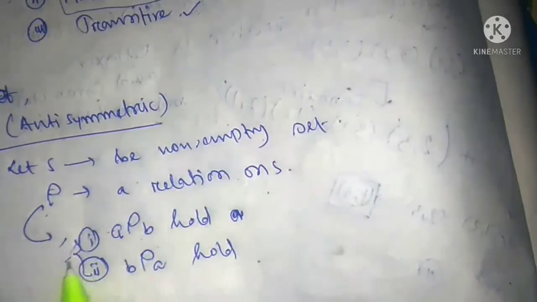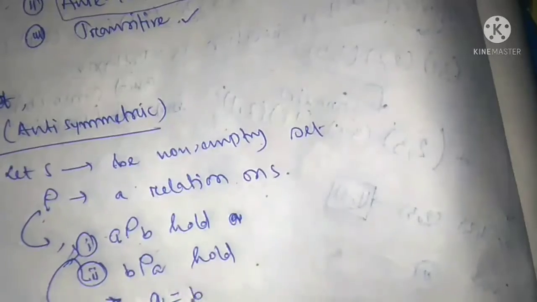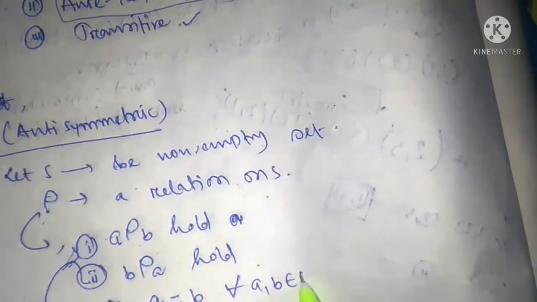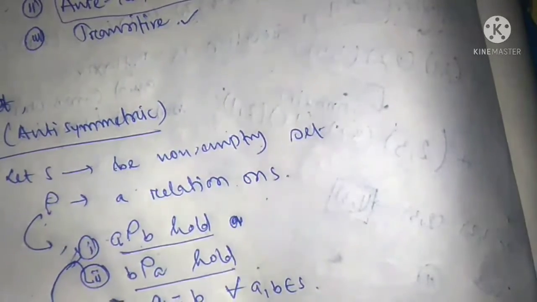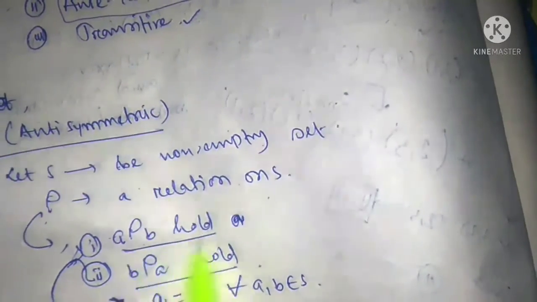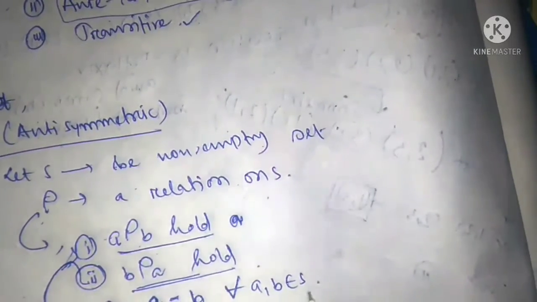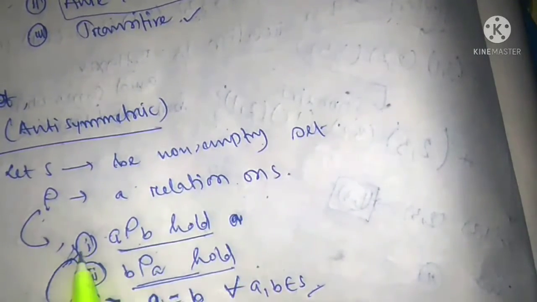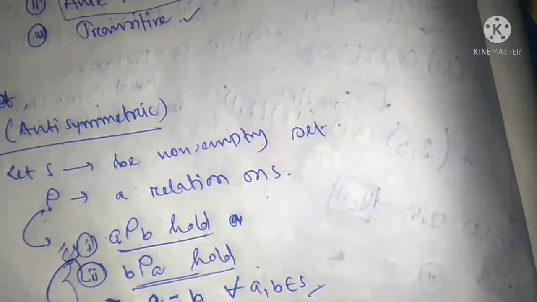If these two properties hold, then A equals B for all A, B belongs to S. If that property holds, then we say that rho is antisymmetric.